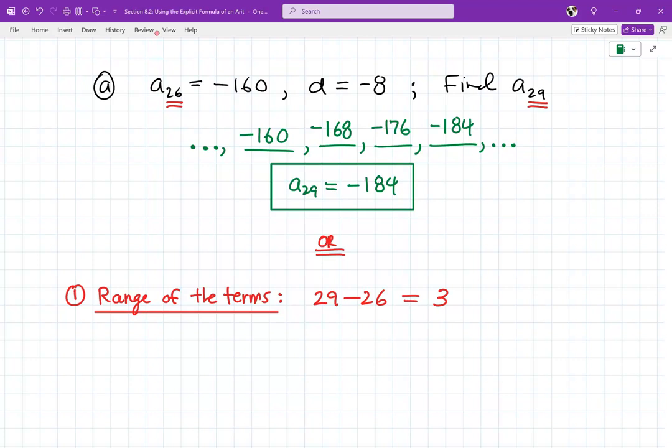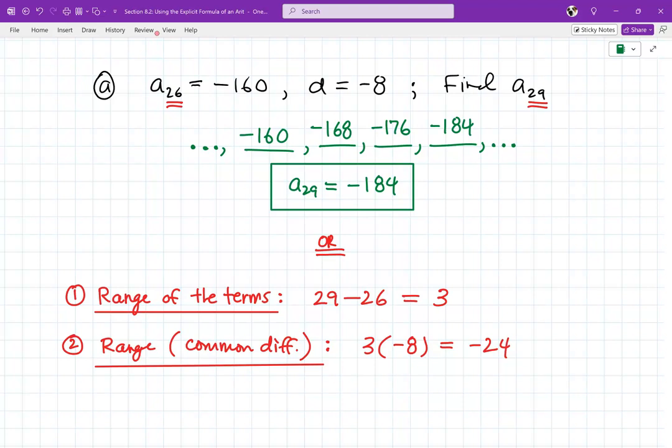Okay? Now, step 2. You're going to get the range times the common difference. Range times the common difference. 3 times negative 8.